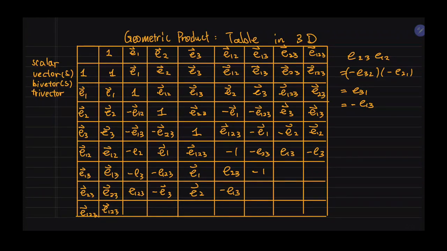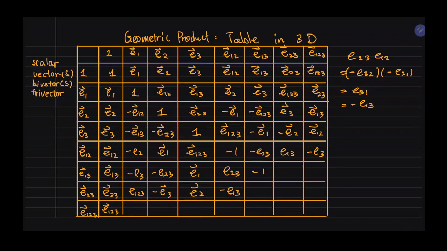So this is E12, this is minus E12, this is E13, this is minus E13, and this is E23, this is minus E23. The relation will be either symmetric or anti-symmetric. But let us carry on the calculation.